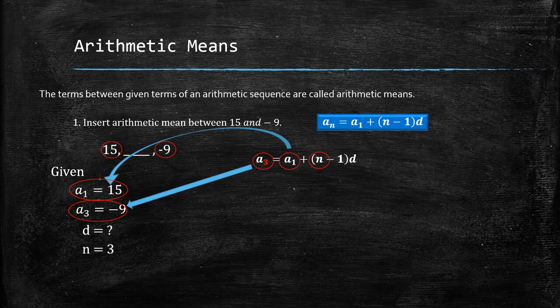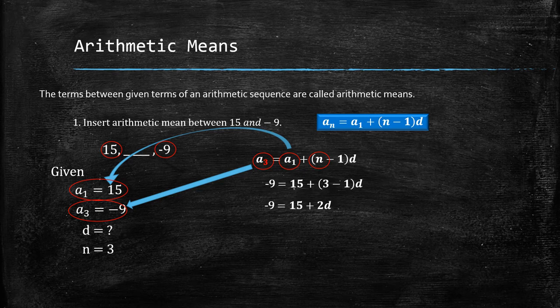In the formula, the n in a sub n goes into the n minus 1. So we substitute a sub n, which is negative 9. Then we substitute a sub 1, which is 15. And we substitute n, that is 3.